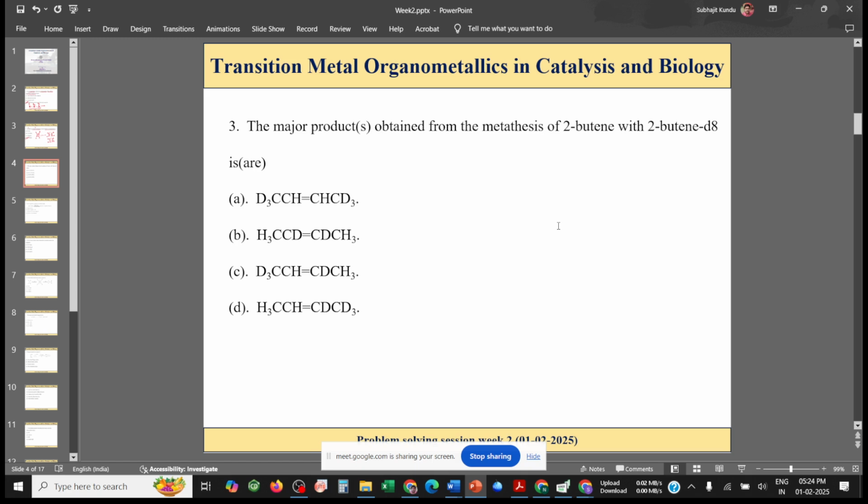From the mechanism we have seen that the T2 product is obtained as the major product, and here our answer will be option number 4, that is D, and this will be the major product. We will go through the reaction mechanism in the following questions.